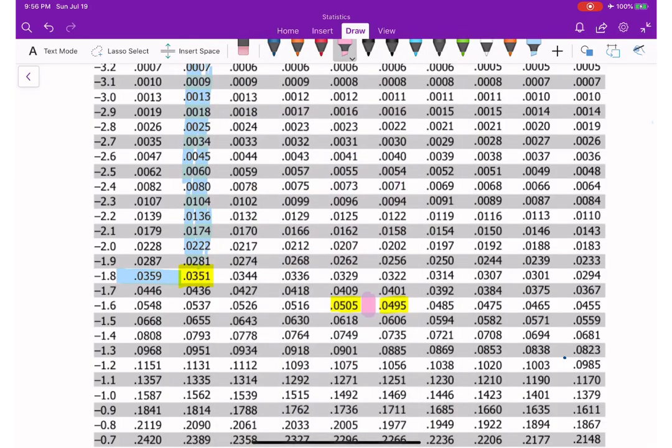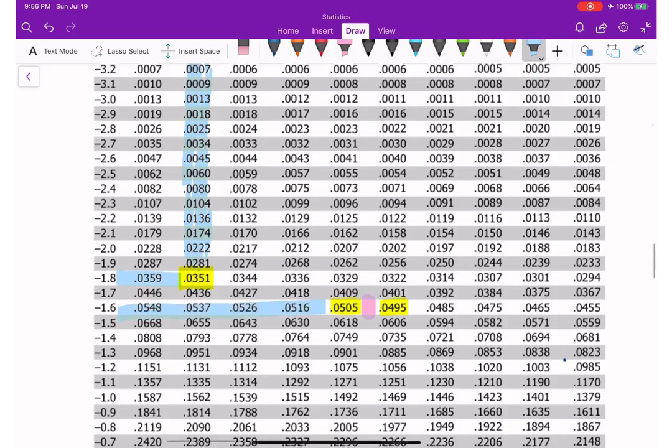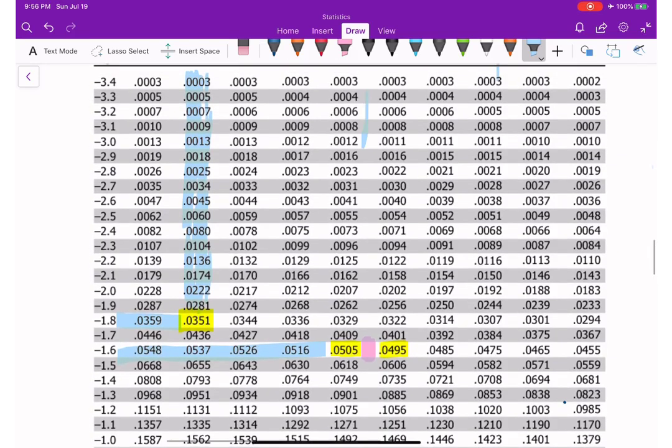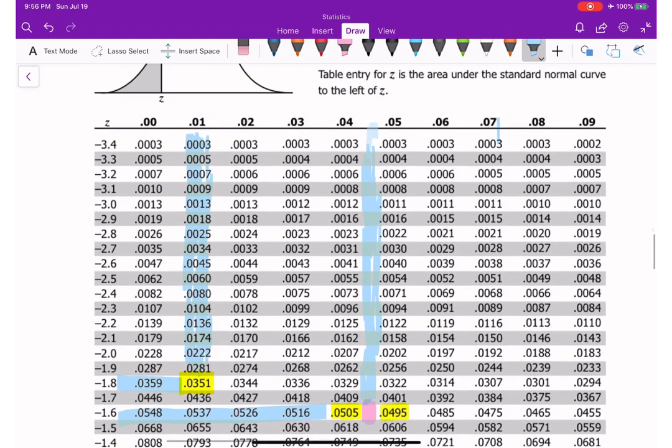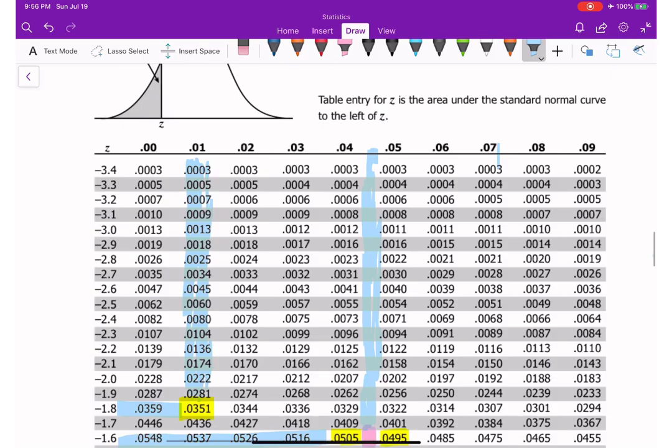So it's coming here, -1.6, and coming here, this pink color is going to be our case in between, between 0.04 and 0.05, which is going to be 0.45.